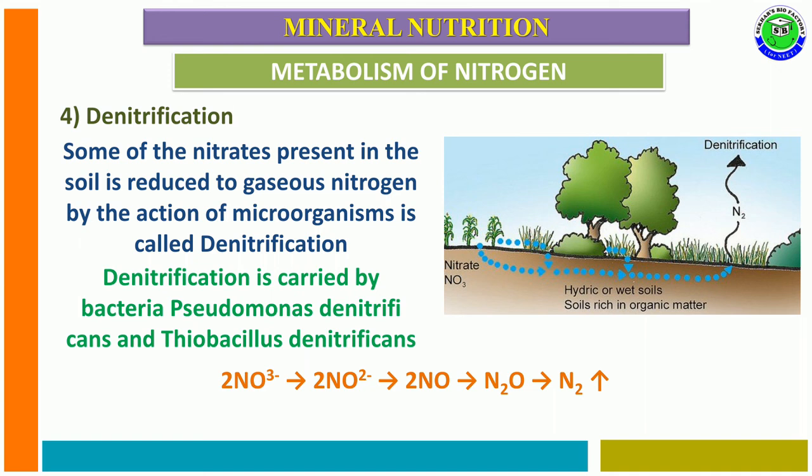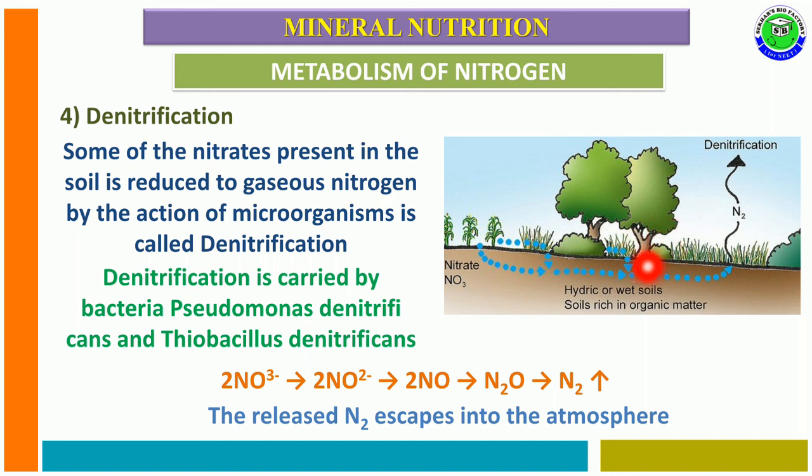During this process, nitrates are first converted into nitrites, then into NO, then N2O, and finally N2, which is released into the atmosphere. So when nitrates are converted into nitrogen, the nitrogen escapes into the atmosphere, and at the end of the cycle it is released into the atmosphere.